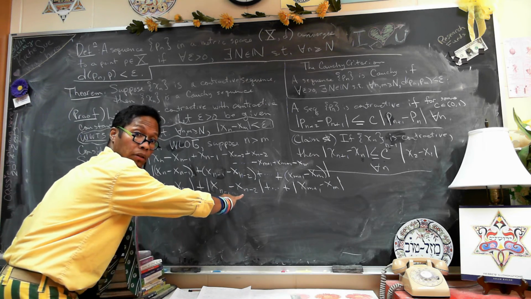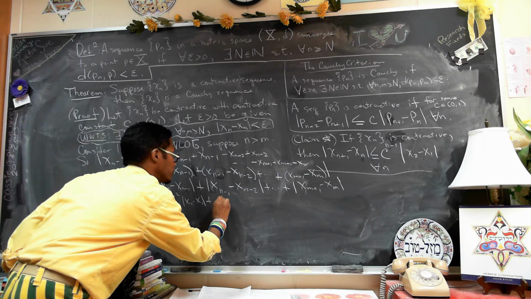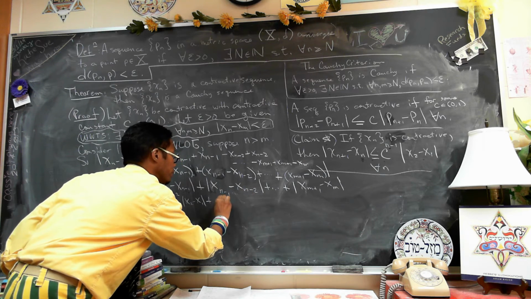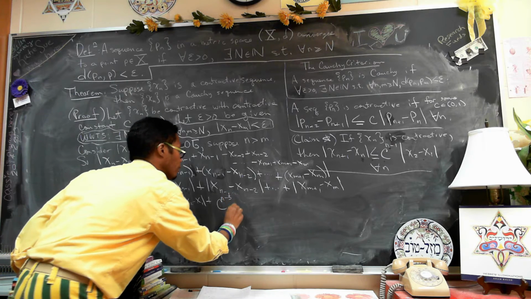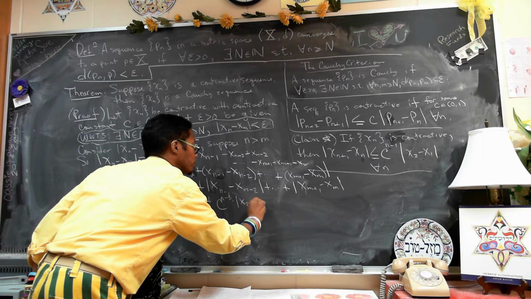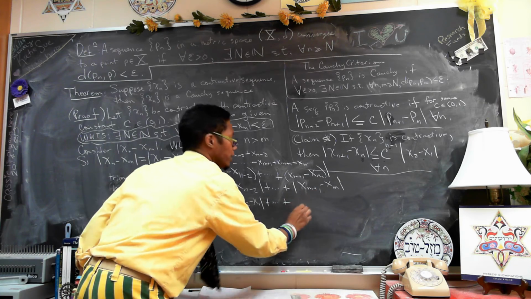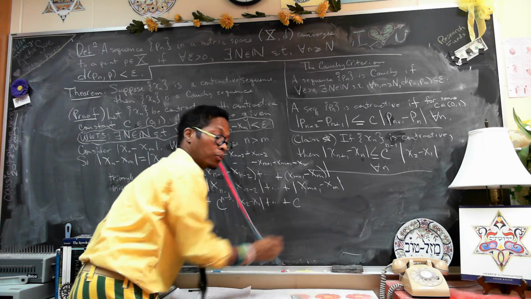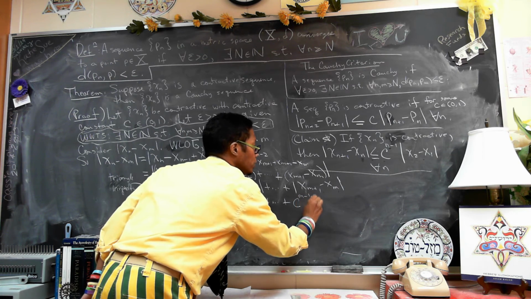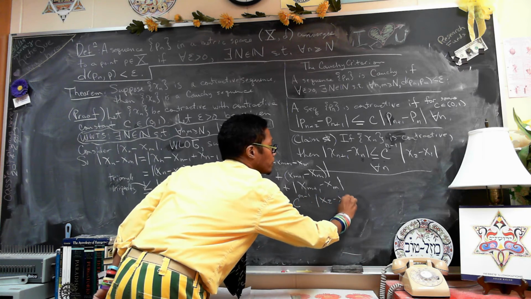This term is less than or equal to c to the power n minus 3 times the absolute value of x sub 2 minus x sub 1. Dot, dot, dot, down to this last one, which is less than or equal to c to the power m minus 1 times the absolute value of x sub 2 minus x sub 1.